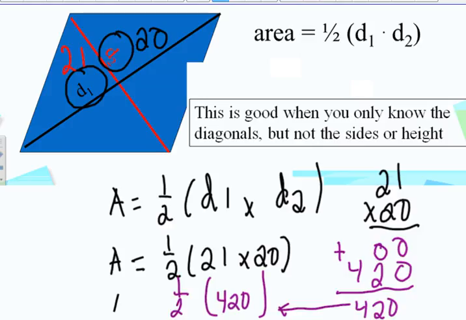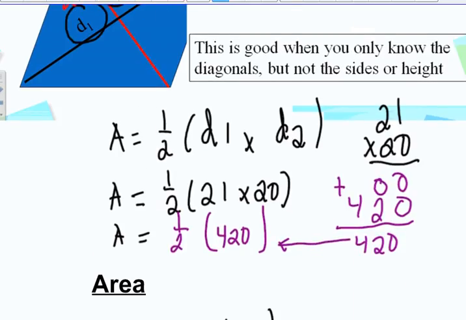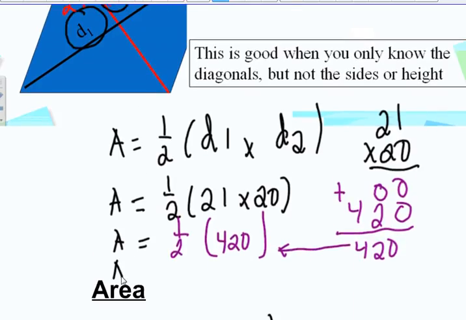So area is half of 420. Half of 4 is 2, half of 2 is 1, and half of 0 is 0, so my area is 210 units squared.